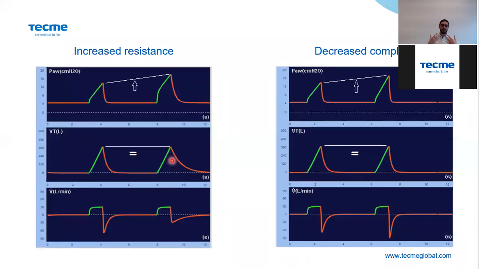So the pressure will depend on the compliance and the resistance. So you have to set this alarm correctly in order to avoid a really high pressure, which can lead to lung damage. Okay, perfect. Well done.